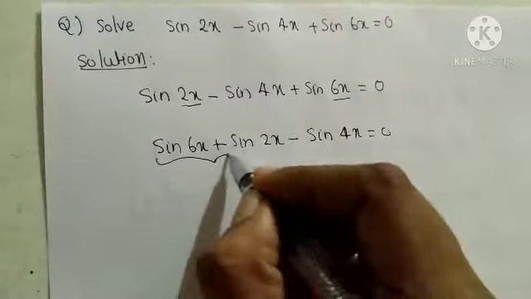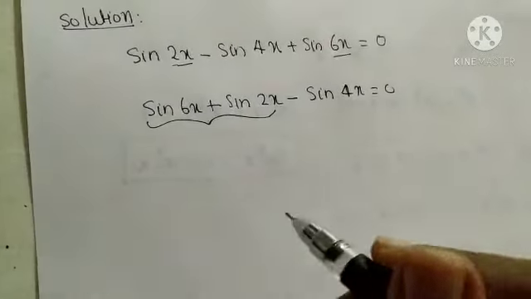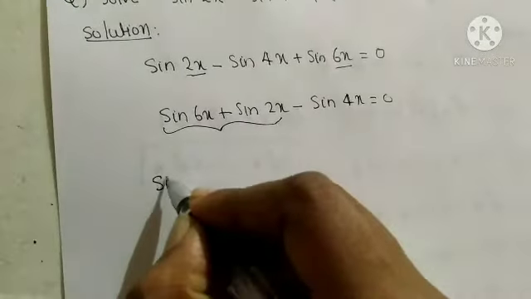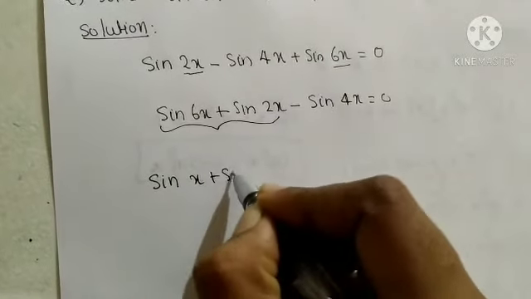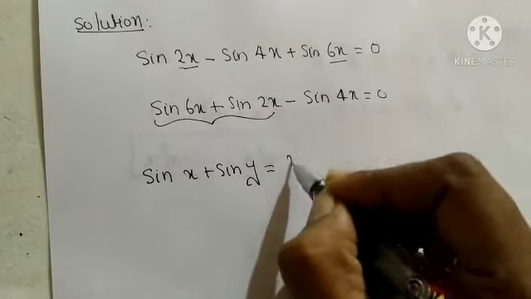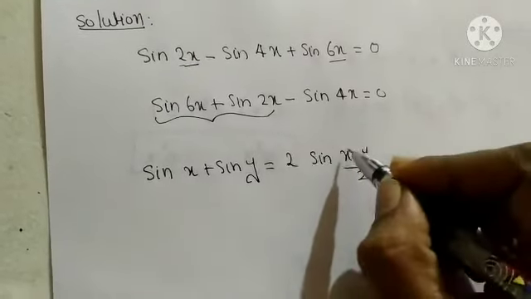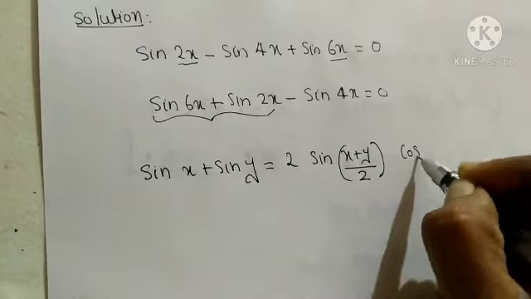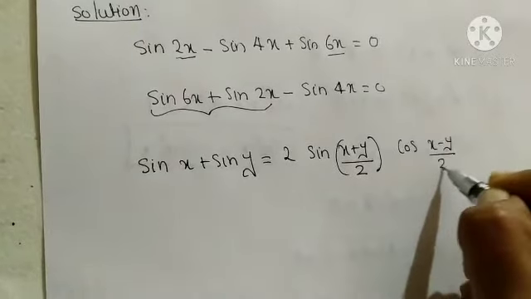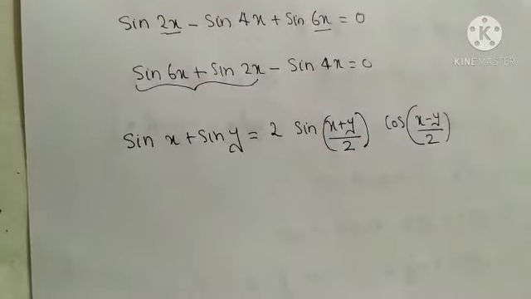So taking these two terms together, we know one of the identities: sin x plus sin y is equal to 2 sin of x plus y by 2 into cos of x minus y by 2. Right.